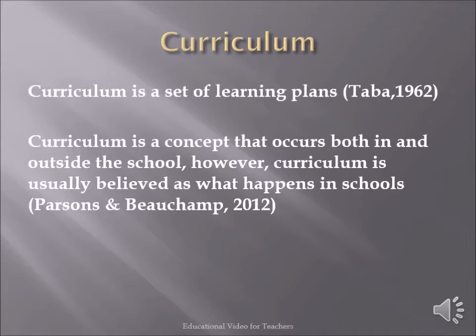If today we only believe that curriculum is a set of learning plans, then probably we are defining it the way it was defined 50 years ago. I'm not saying that that is a wrong definition. This is just an orientation of defining the curriculum.